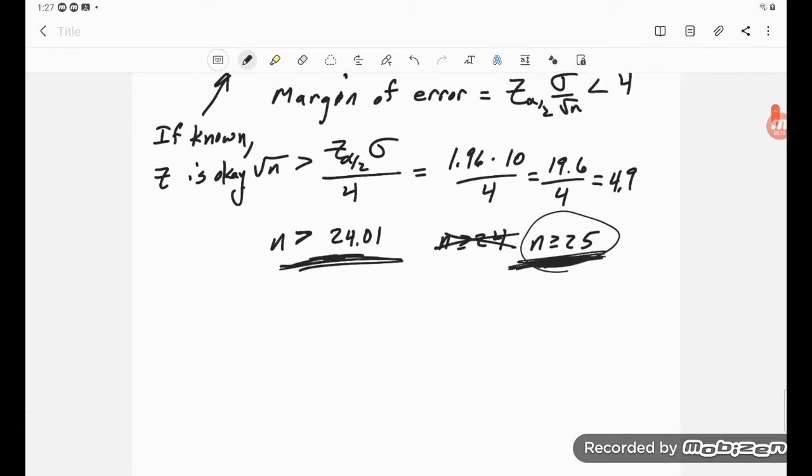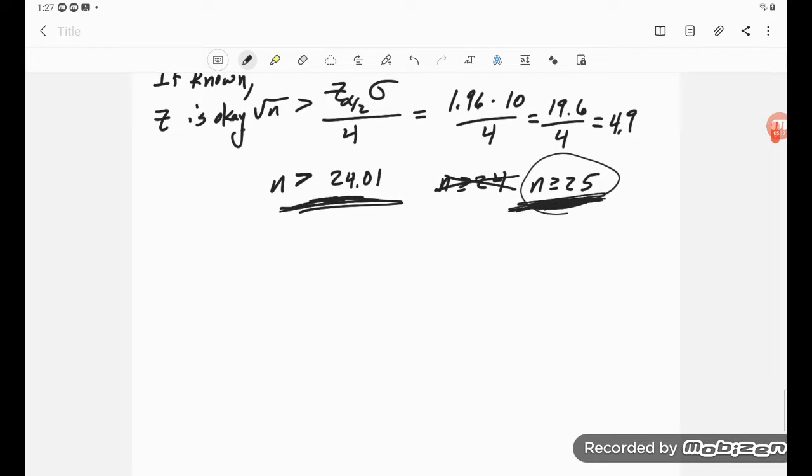Now, so what do we do? Well, we could instead use a t alpha over 2. And now here's where it gets really strange because you need n minus 1 degrees of freedom. So you could play around with different degrees of freedom. But I know I want n at least 25.